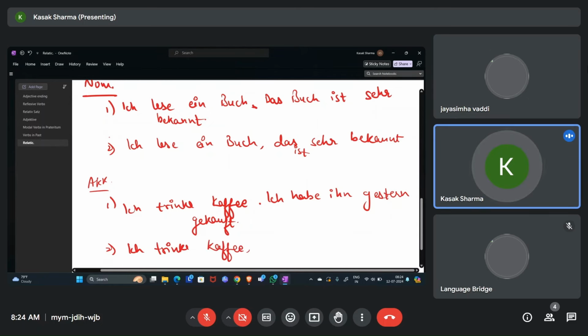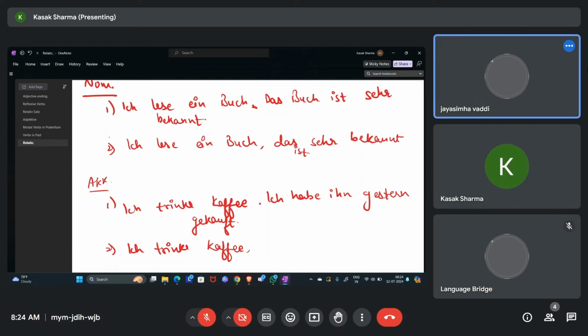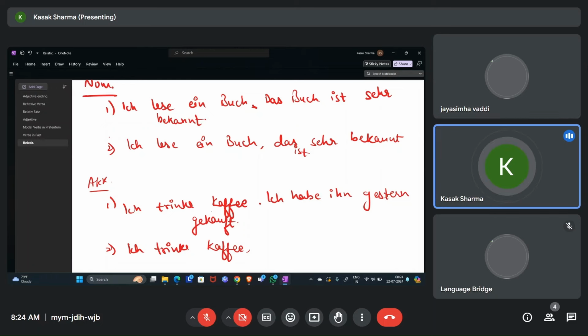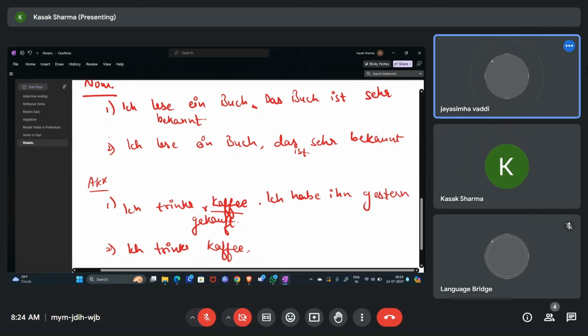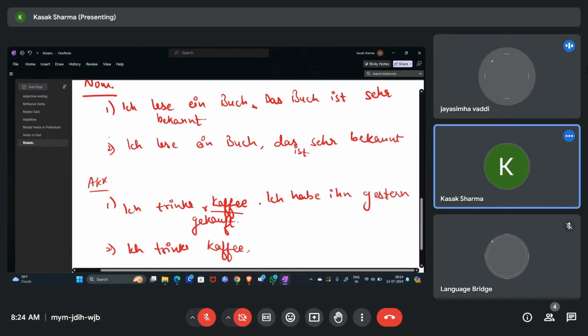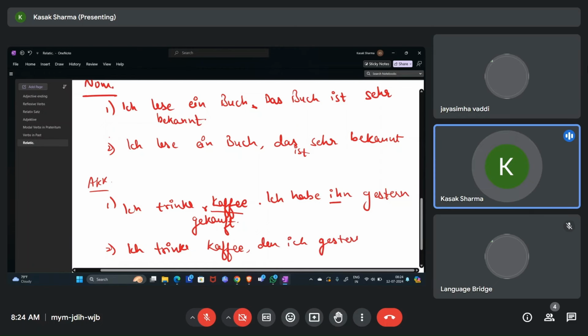What will be the relative pronoun here? According to Kaffee, the article is der. Yes, den. Den ich gestern gekauft habe. This is why I have not written ihn, because den is already talking about Kaffee.